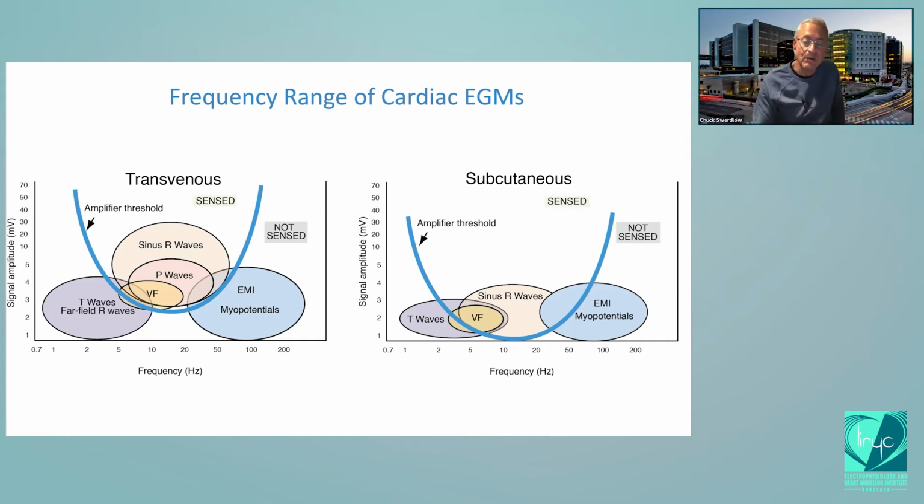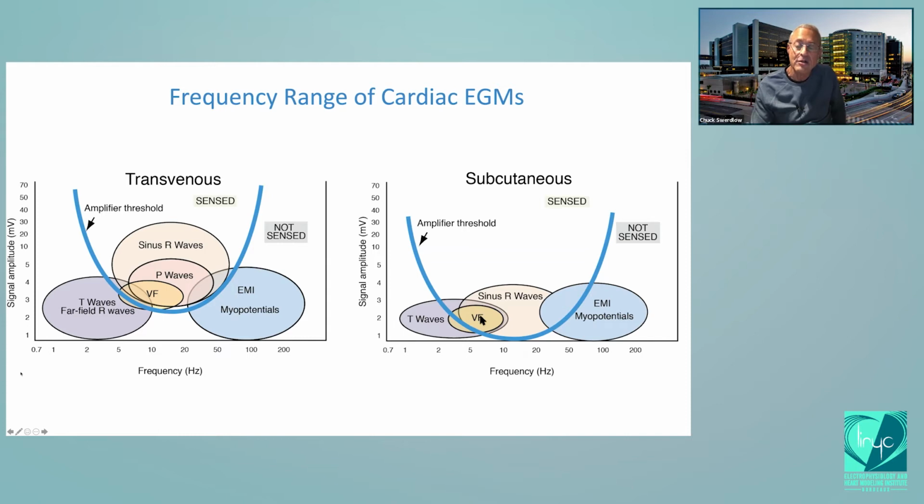And this has to do with both the physics of the distance from the heart and the separation of the electrodes. The basic idea is the farther apart your electrodes, the longer it takes for the signal to get from one to the other.